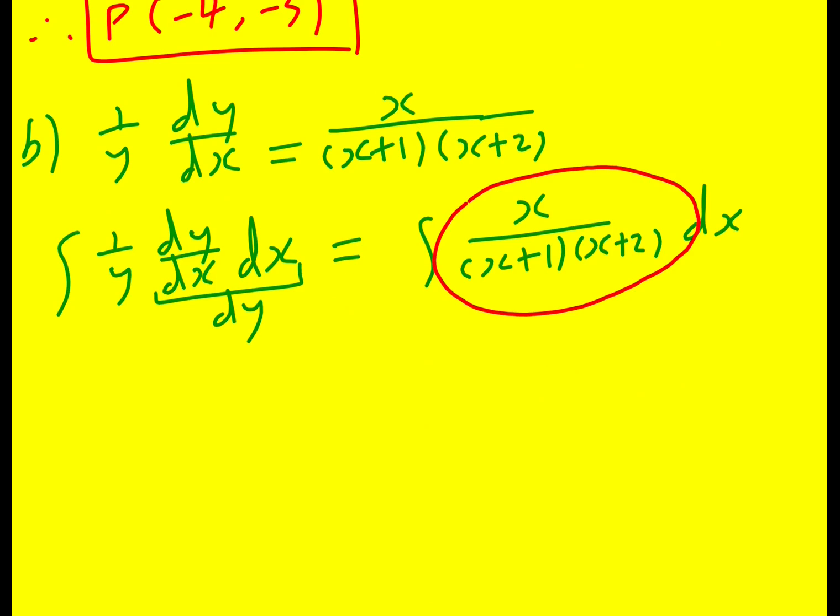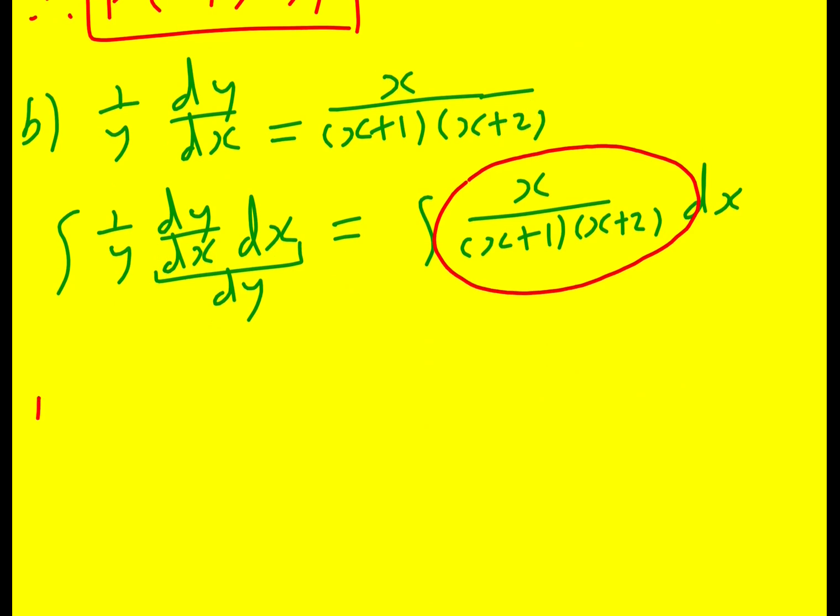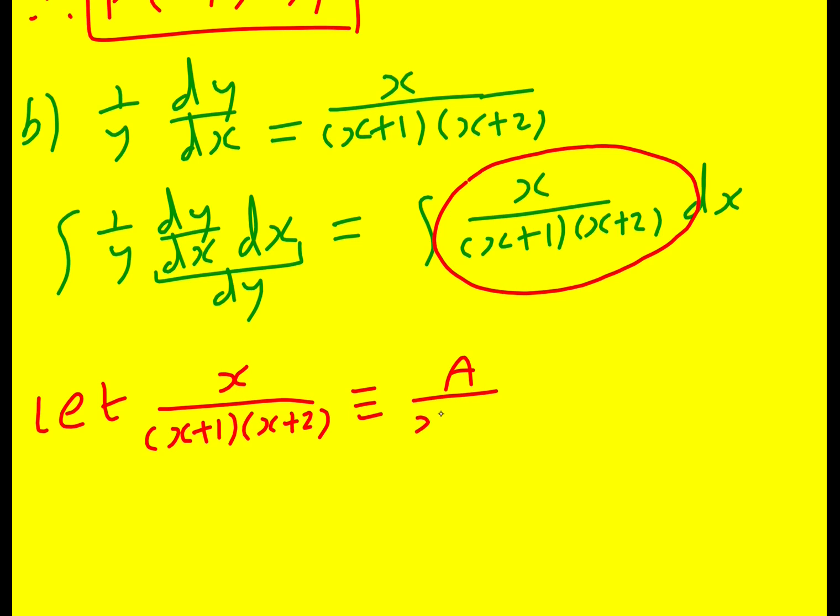And to do that, we're going to have to write it in partial fractions. So that's our starting point. Multiply through.